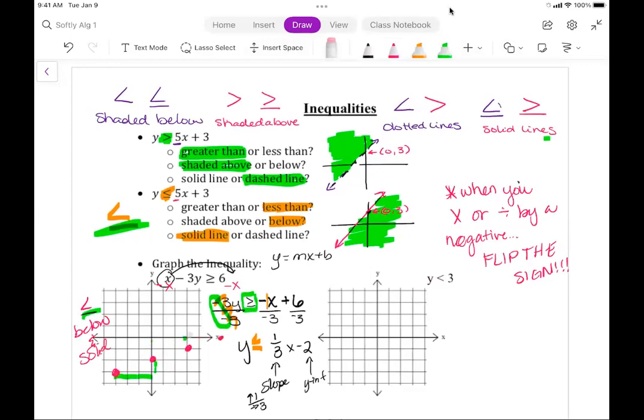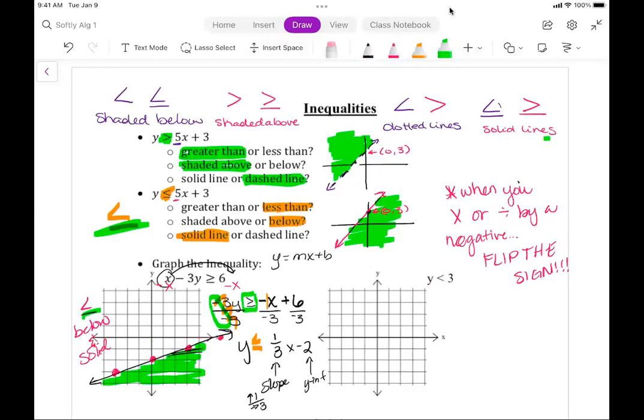I'm going to get rid of the screen so it's not in the way. I know the dots that I'm using. I have a solid line going through these dots, and I also need to shade below. That easy.